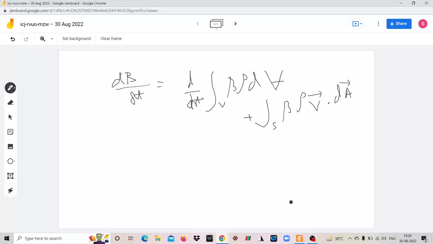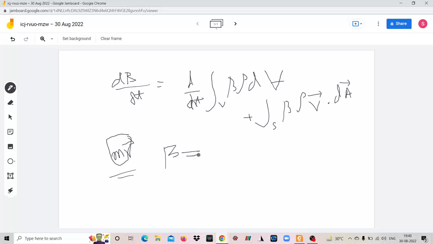Now for conservation of linear momentum, what will be the value of B? For the conservation of linear momentum, it will be mV, the linear momentum. And what will be beta?